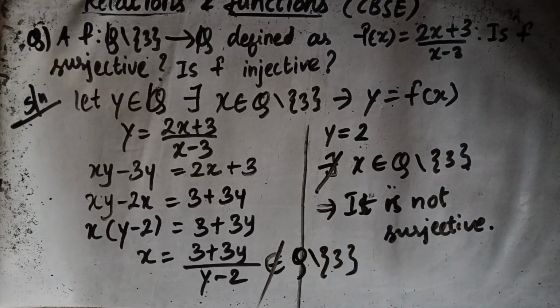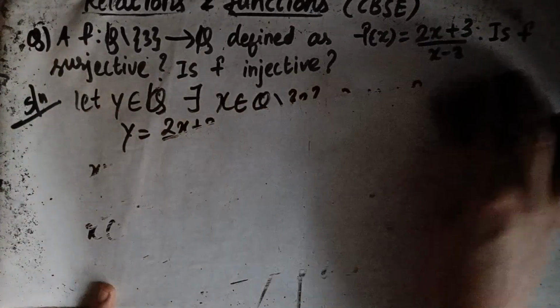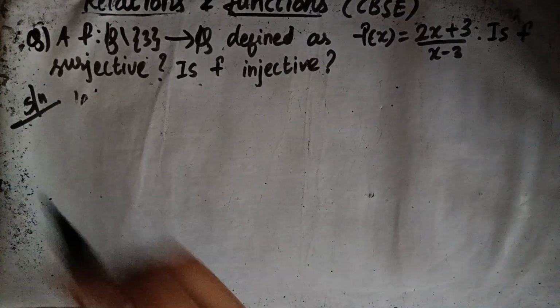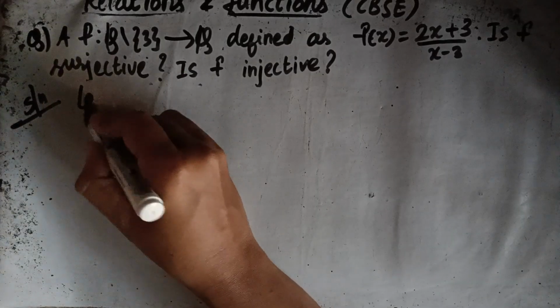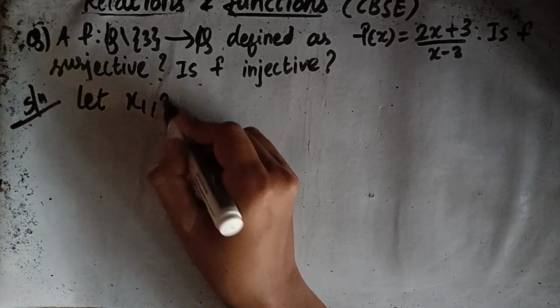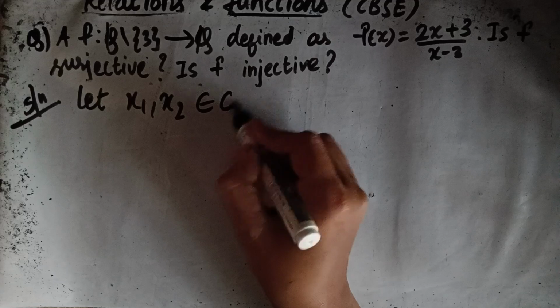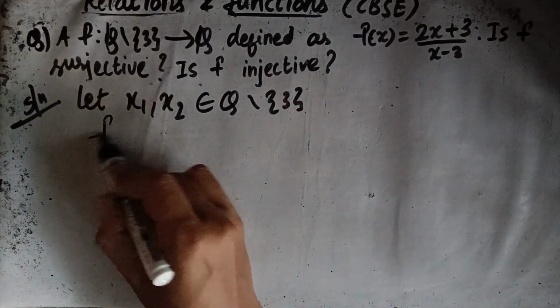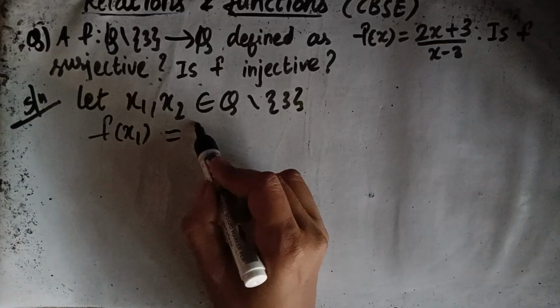Okay. Now you have to check for injectivity. That is one-one. So you have to start with two elements from the domain set. So let's say f of x1 is equal to f of x2.